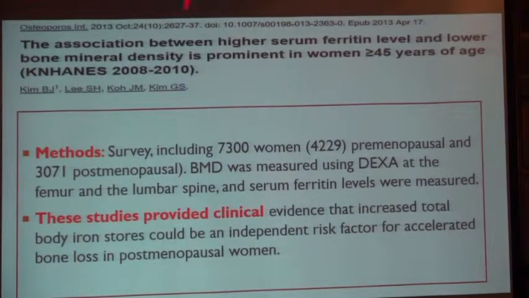Another study published also by Kim in 2013, evaluating the relation between the serum ferritin and low bone mineral density in women over 40 years. They found increased total body iron store could be an independent risk factor for accelerated bone loss in postmenopausal women.